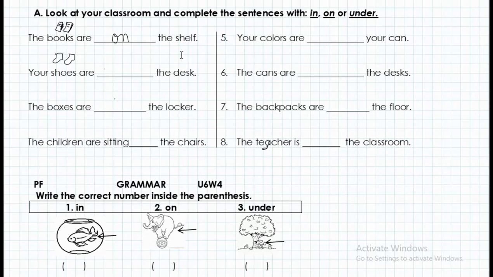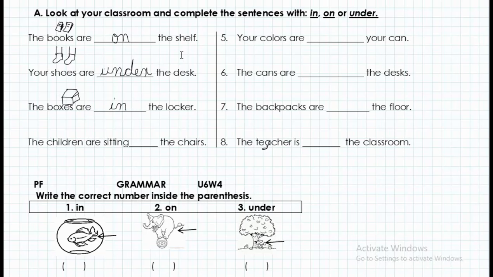Okay, well, your shoes are under the desk, right? Under. Okay, number 3, the boxes are, the boxes. Okay, more or less, it is just an idea. The boxes are in the locker, okay?